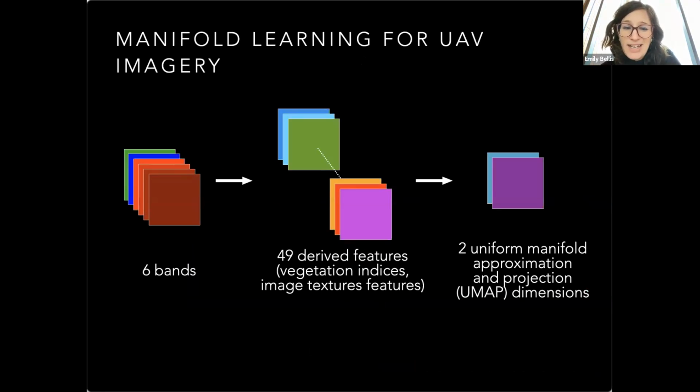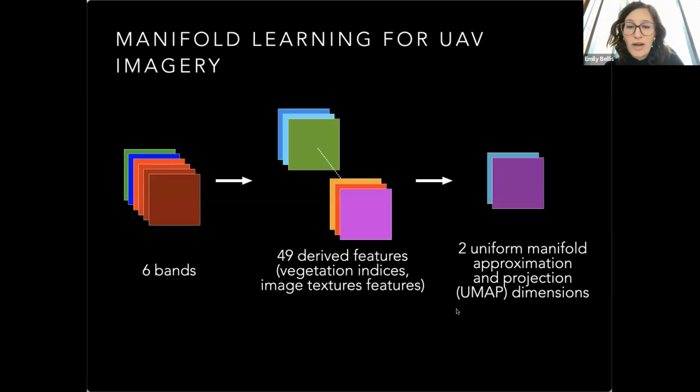I do want to emphasize that we're creating this high dimension problem for ourselves in a way, because we're starting with 6 features, 6 bands. Then Fareed created many derived features, so he's got vegetation indices here and also image texture features. And then our goal is to reduce these again back into fewer UMAP dimensions.